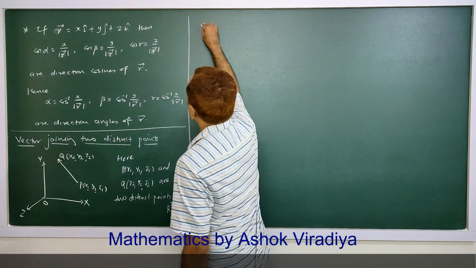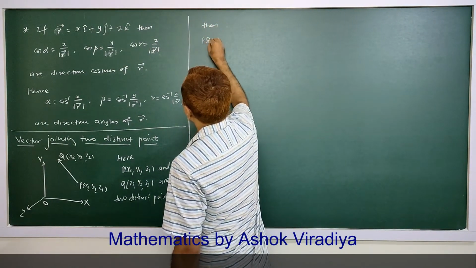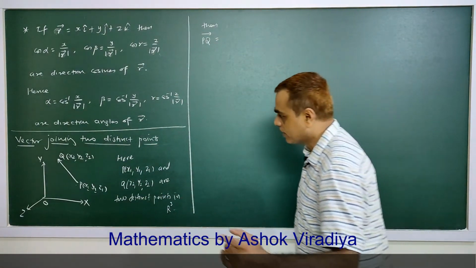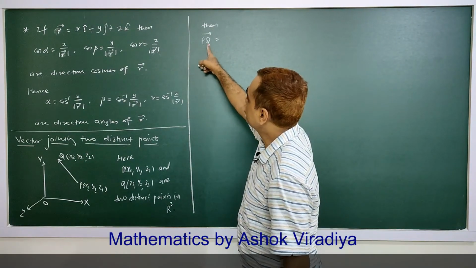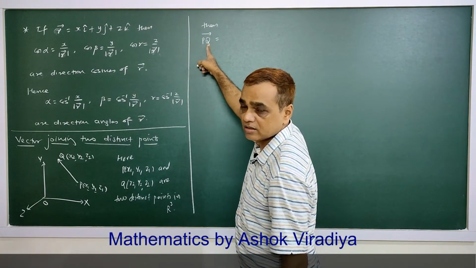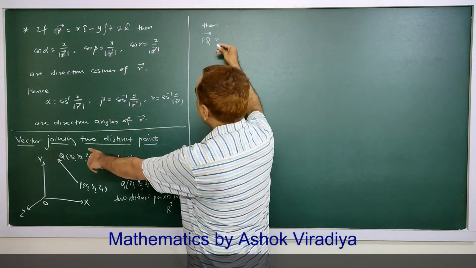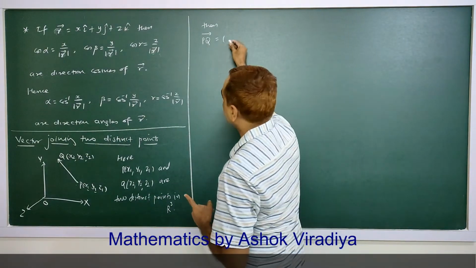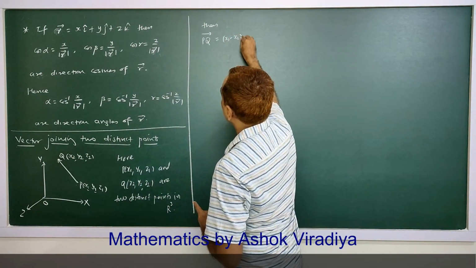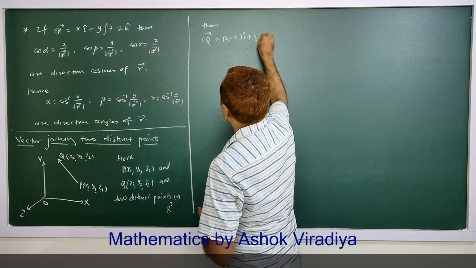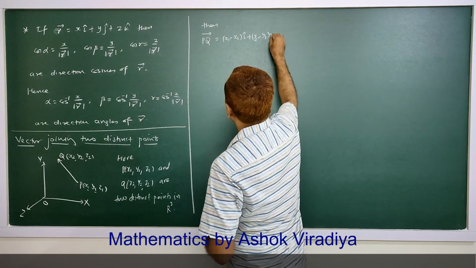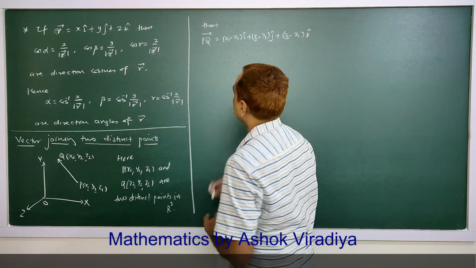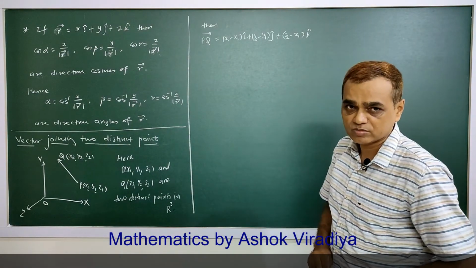Then the vector joining P and Q, that is vector PQ, is equal to, say P is the initial point, Q is the terminal point. So from the terminal point I am taking subtraction of scalar components. Q is the terminal point, so x2 minus x1 times i cap, y2 minus y1 times j cap, z2 minus z1 times k cap. This is vector PQ.